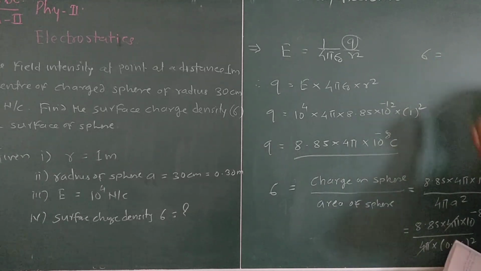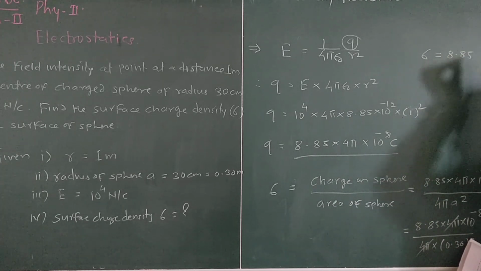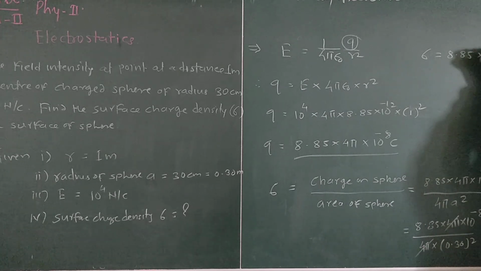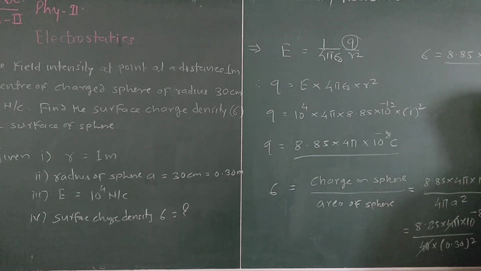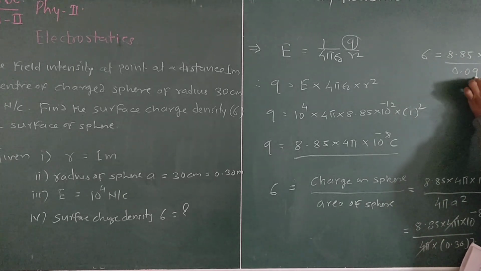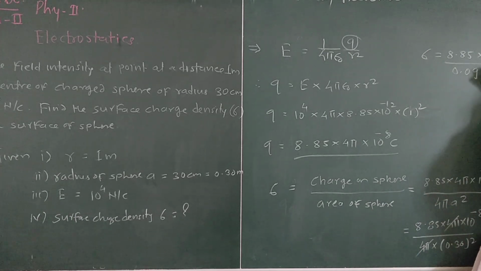Write the value, sigma equal to 8.85 into 10 raised to minus 8 divided by the square of 0.30, which is 0.09. The unit is coulomb per meter square.